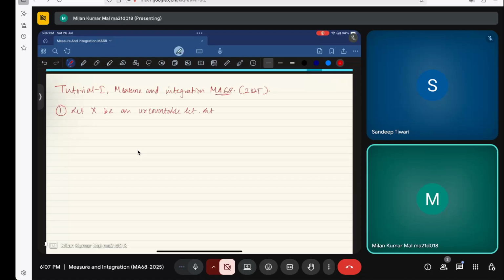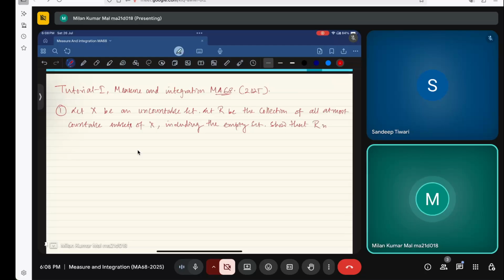Let R be the collection of all at most countable subsets of X, including the empty set, so that R is a ring.